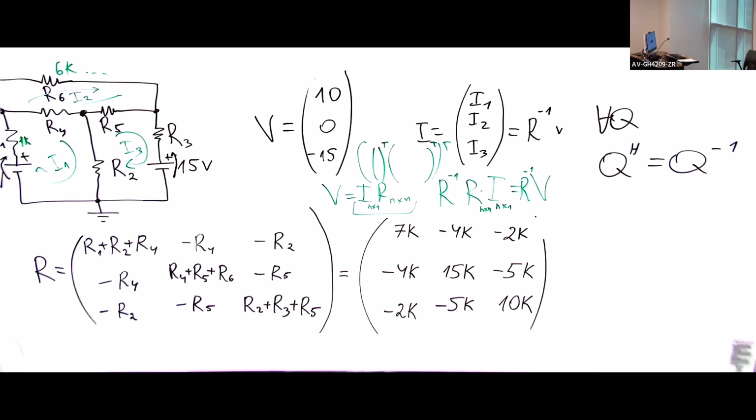So instead of transpose, you're using that type of transpose for complex matrices. Define what that is.